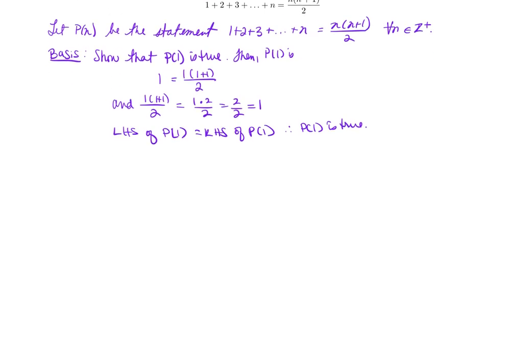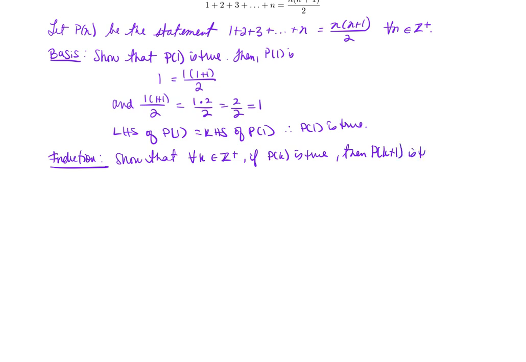So let me scroll up here so we can write in our induction step. So for our induction, we would say that we want to show that for all k in the set of our positive integers, if P of k is true, then P of k plus 1 is also true.